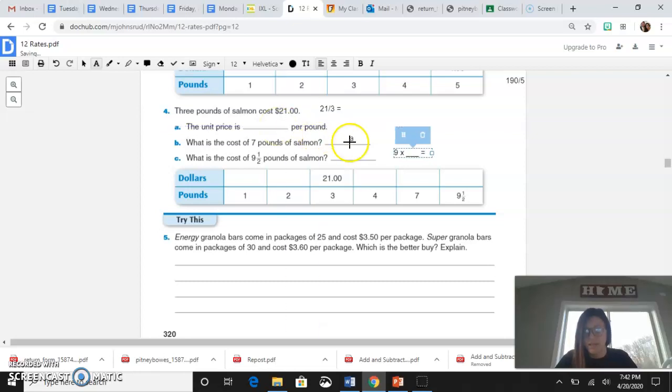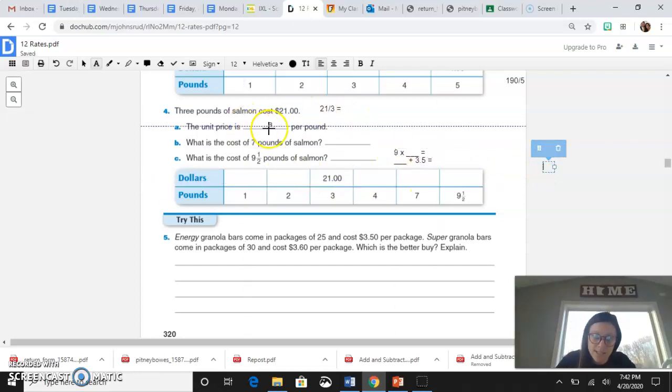That's going to give you an answer. And whatever that answer is, you are going to need to add 3.5 to it to get your final answer. Okay, so 9 times this answer, you're going to move down here and add 3.5 to it. Then you're just filling this table out based on your answers.